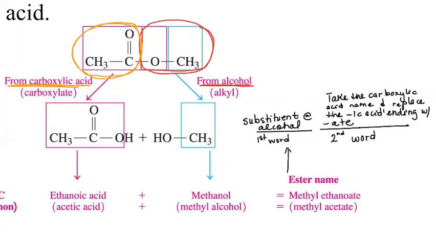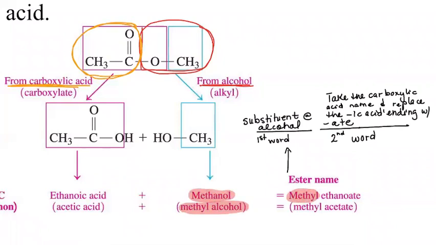Next to the OH, we have a methyl group. So that's where this word comes from. The methyl group is because of the methanol, or in other words, the methyl alcohol that made the alcohol portion of this ester.